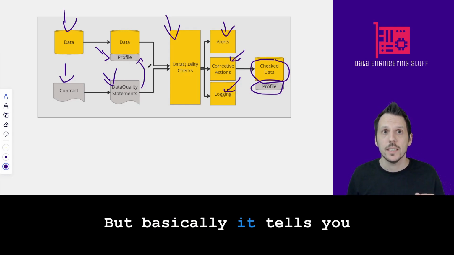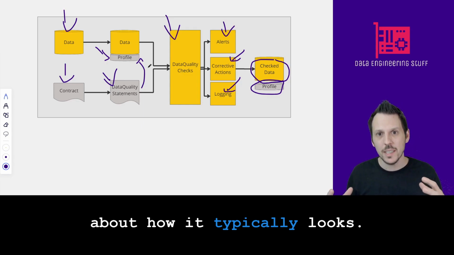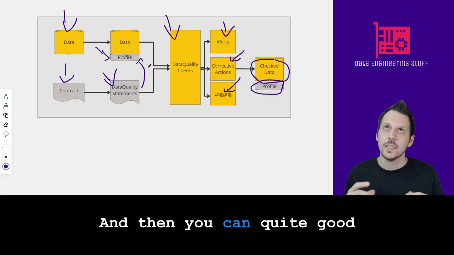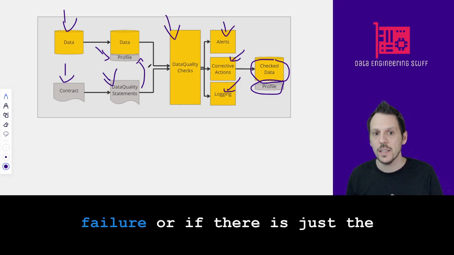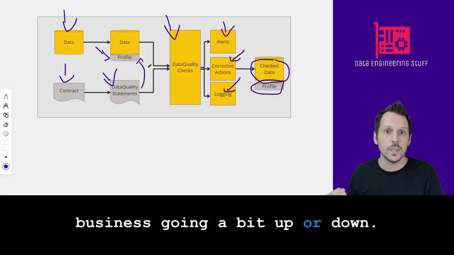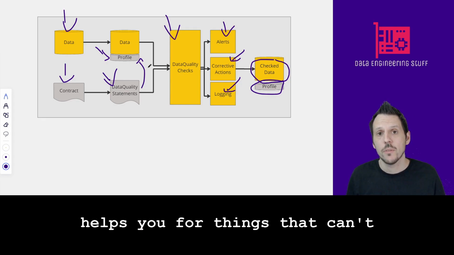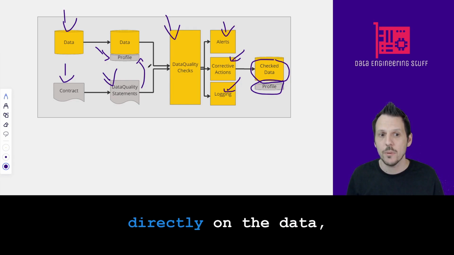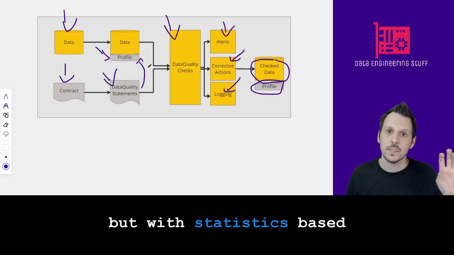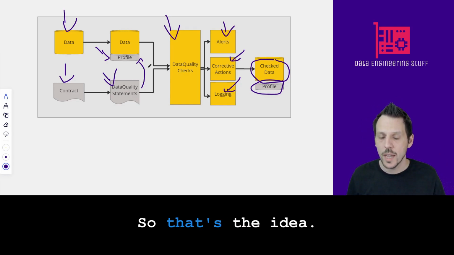But basically, it tells you something about the data, about how it typically looks, and then you can quite well decide if there is a system failure or if there's just the business going a bit up or down. So this is something that really helps you for things that can't be measured that easily directly on the data, but with statistics based on the historic data. So that's the idea.